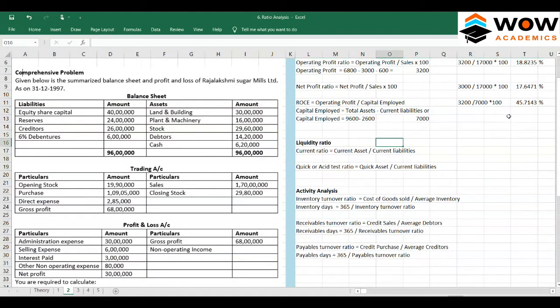So let's start with liquidity ratio. It is current asset by current liability. Let's take current assets.